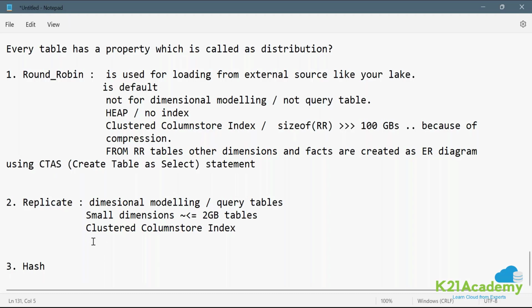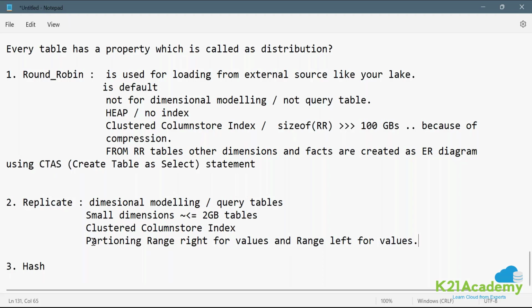So if you want to shard it, you can partition it. Partitioning is also supported, range right for values and range left for values. You can place both of them, no problems.